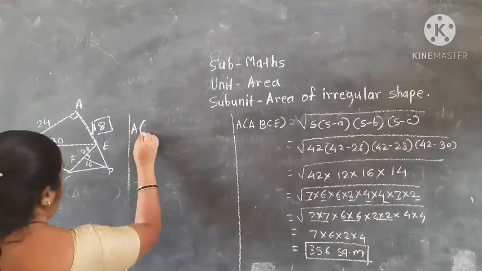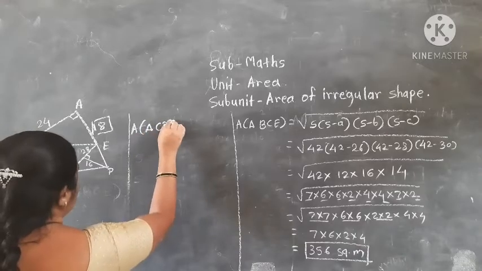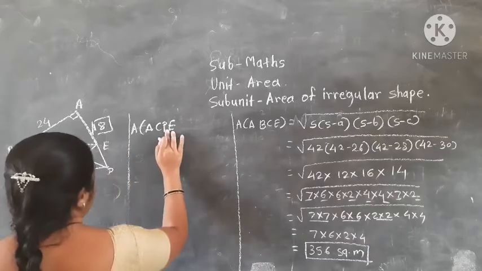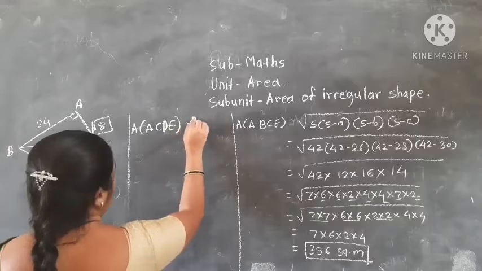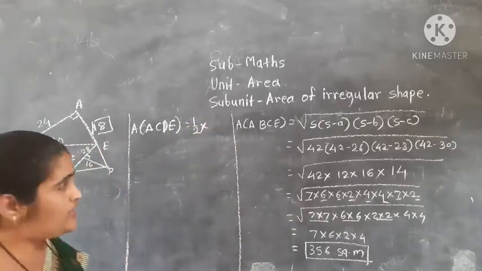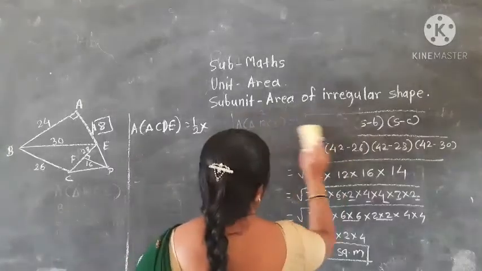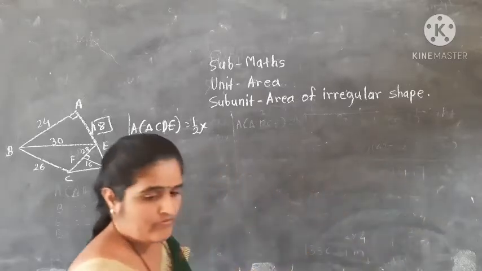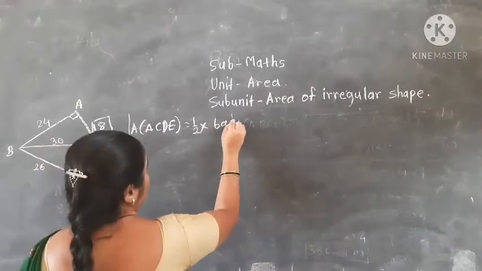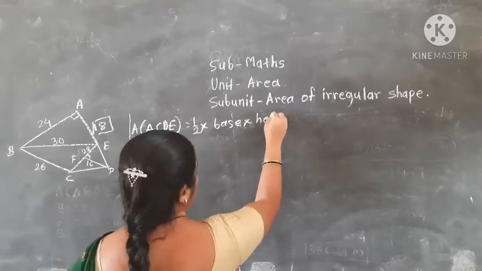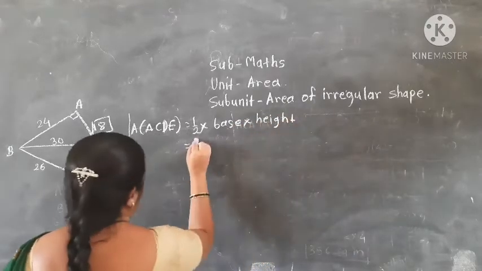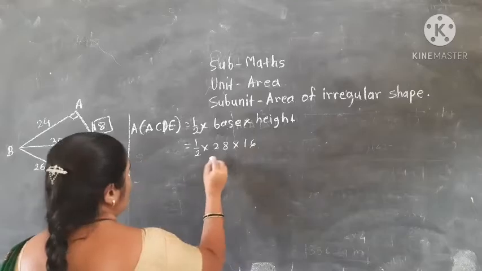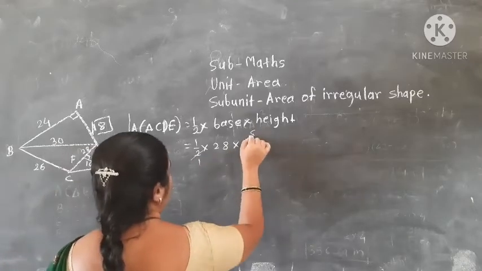Area of triangle CDE is equal to 1/2 into base into height. 1/2 into base is 28 and height is 16. 16 divided by 2, the answer is 8.